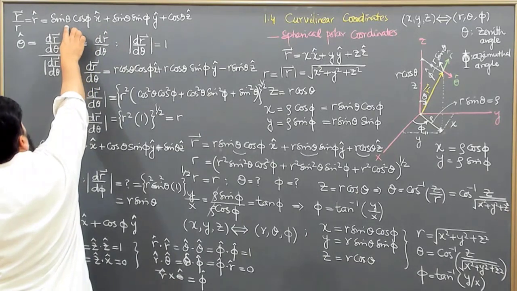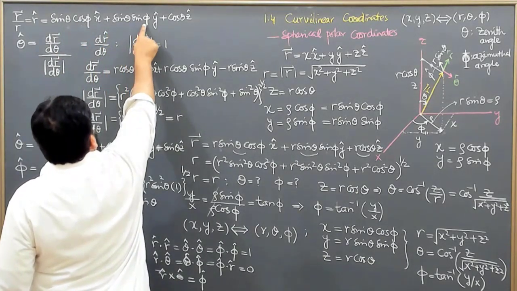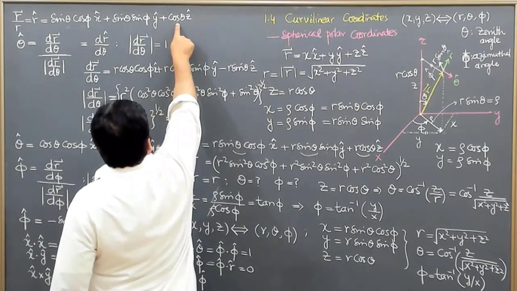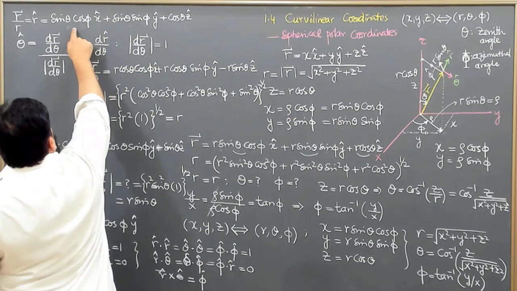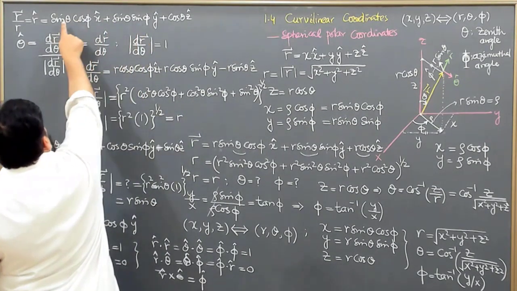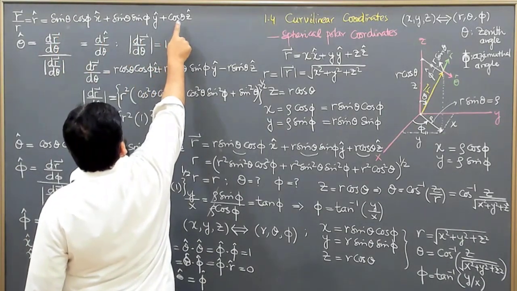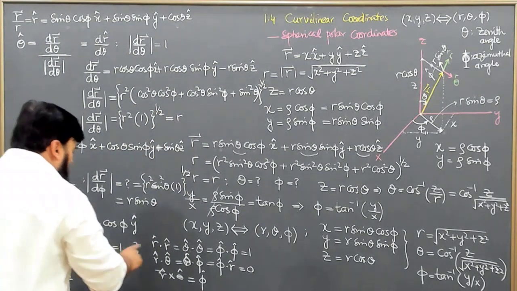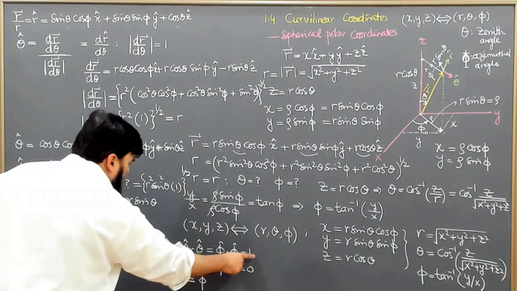So this is sine square theta cos square phi, plus sine square theta sine square phi, plus cos square theta. Now take sine square theta common, so cos square phi plus sine square phi will be 1. Then sine square theta plus cos square theta will make 1. So it means r dot r is equal to 1.